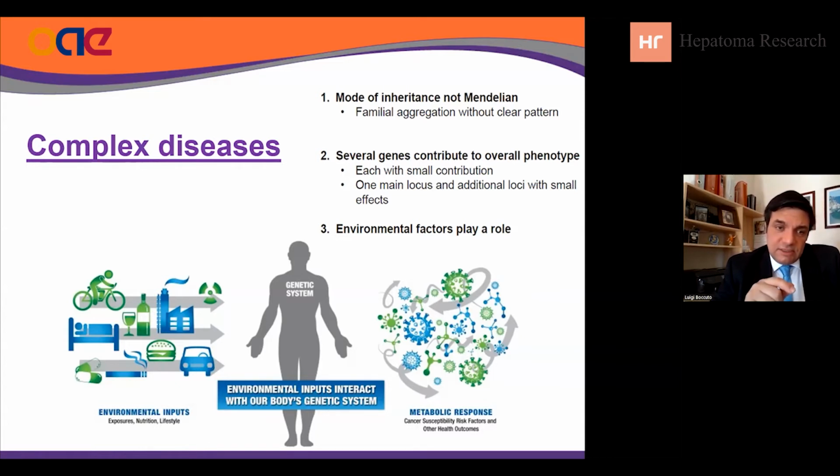And sometimes the quantitative assessment of the contribution of each gene is quite complicated, because the thresholds for the interpretation of the pathogenic effects of genetic variants are designed to assess the contribution of single variants. But in this case, we might have a network of multiple genes, maybe even multiple pathways, that concur to determine the onset and progression of the liver disease.